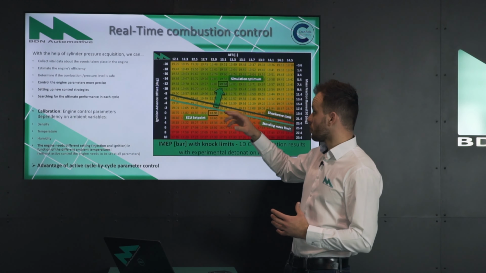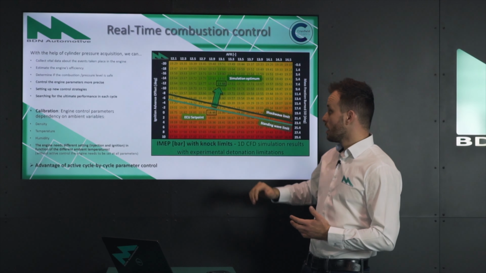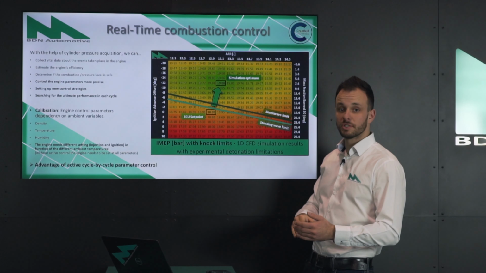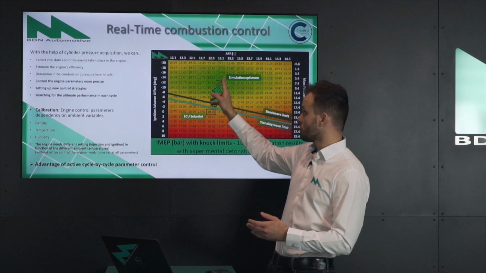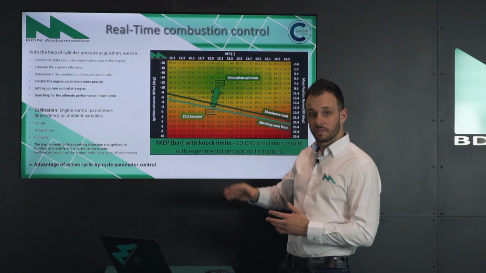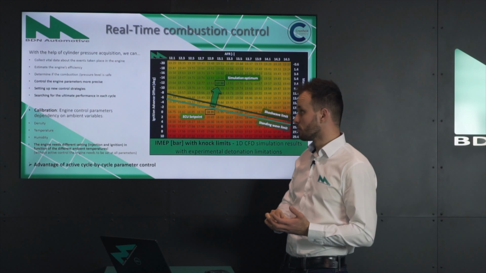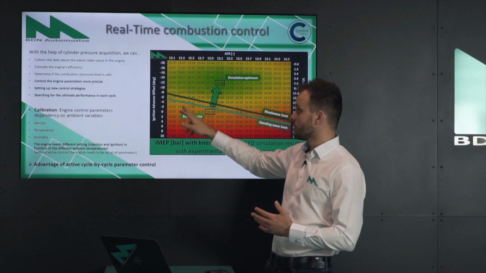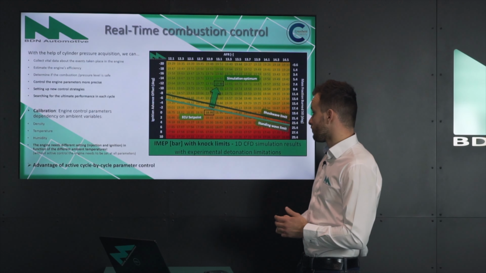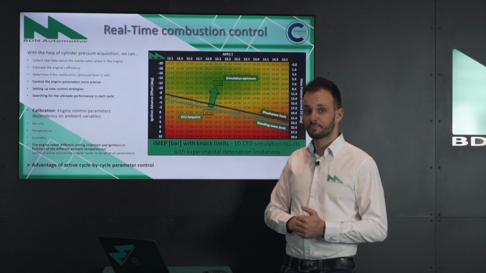The system will try to go to this point where the IMEP is 19.88 bar. However, on the go there is a limit, which is the knock. So it cannot go through the knock zone, because obviously our engine is going to blow up. So what the system will do instead is search for the optimum performance below the line, which will be here in the corner, at 19.39 bar IMEP, which means a 5% direct increase in performance.